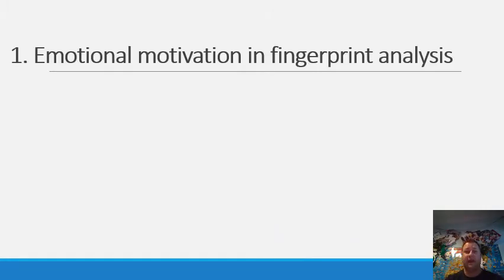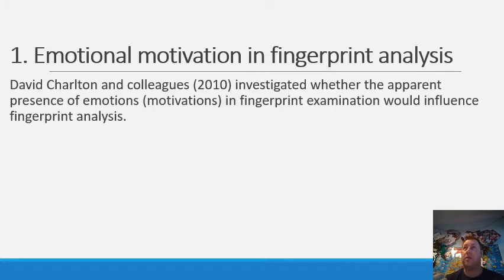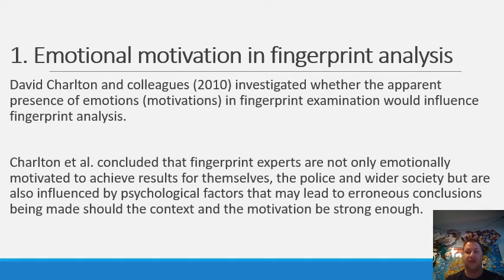The first one is that they have an emotional motivation to do well, and because of this, this is crime, isn't it? You want to catch the baddie, and so this sometimes can lead scientists, and especially fingerprint examiners, to make erroneous conclusions. So that's what erroneous means, wrong conclusions, because it's not scientific.